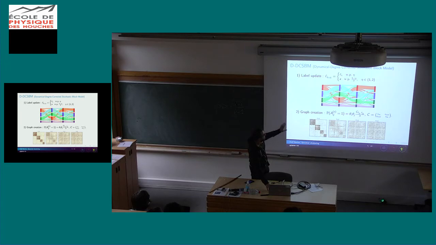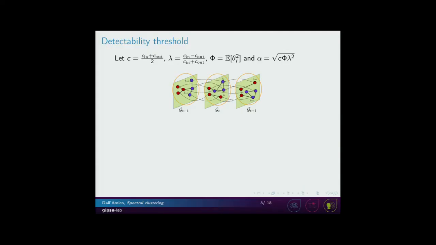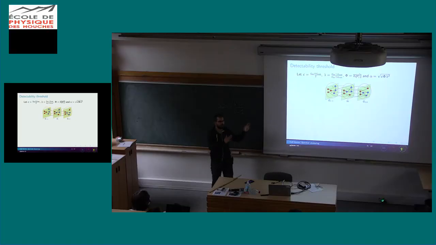So our goal is to assign the labels at each time step. There is one important thing for graphs generated from the degree corrected stochastic block model that has been studied deeply in the static regime, which is also true in the dynamic regime: a detectability threshold. Hence, a condition on the parameters of the generative model below which you cannot say anything about the graph.